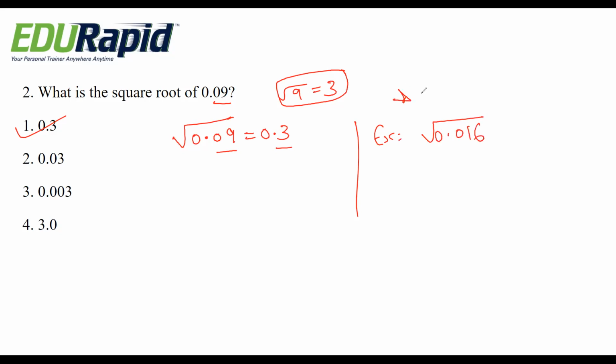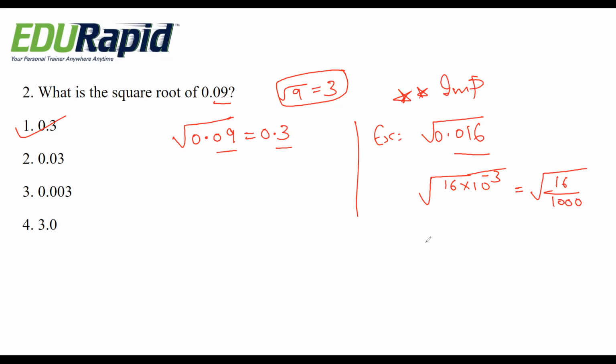Example like this, they may ask the square root of 0.016. This is very important. Please note down. After the point there are 3 digits. But in square roots we usually take 2 or 4 digits. Here it is 3 digits. So for that you have to write 16 into 10 to the power minus 3, that is 16 divided by 1000.